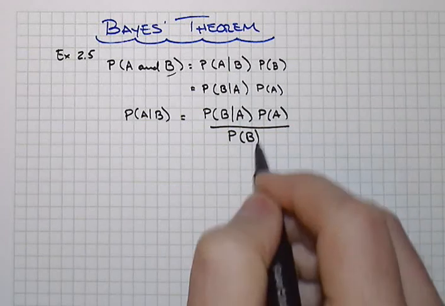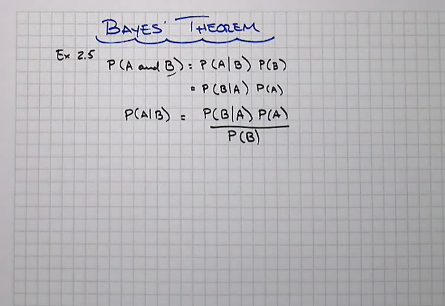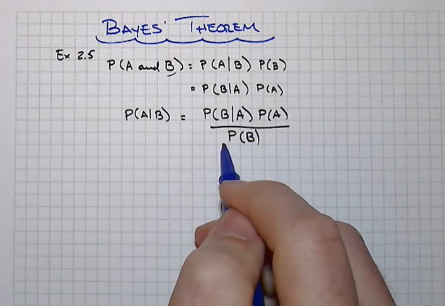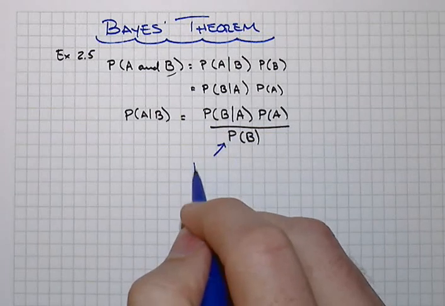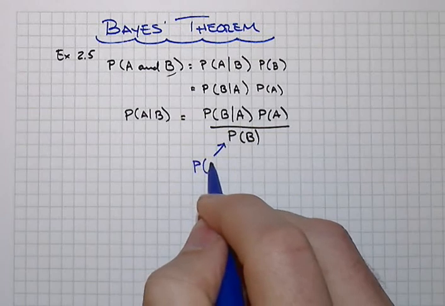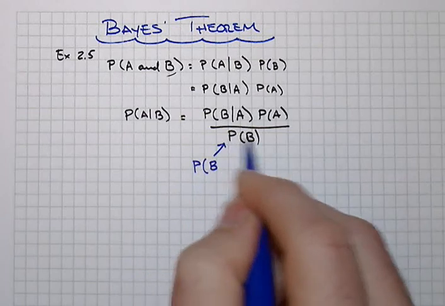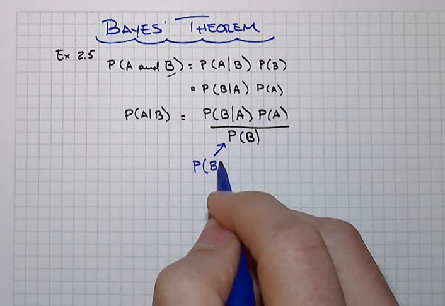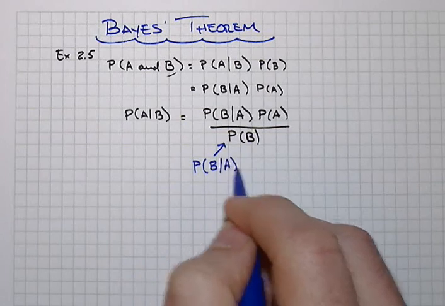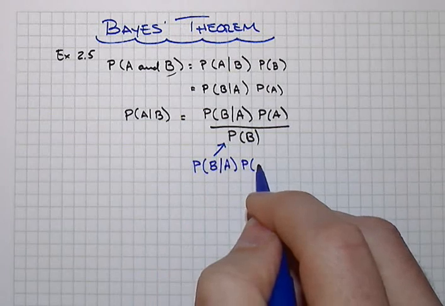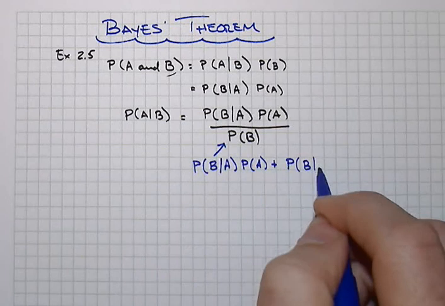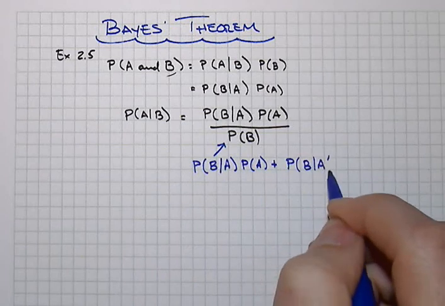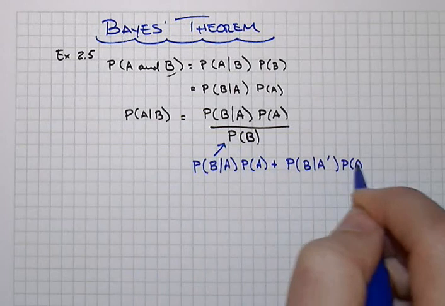And note that we could make this even look bigger or more comprehensive when we went through and said, well, all right, we know probability of B given A, and that could actually be broken out as probability of B, this one down here, now the marginal of B, because maybe we don't know that. Well, if we know B given A, then we can weight that by A, and then by the total probability theorem, we can also look at probability of B given A prime times the probability of A prime.